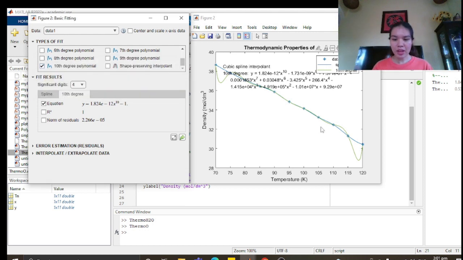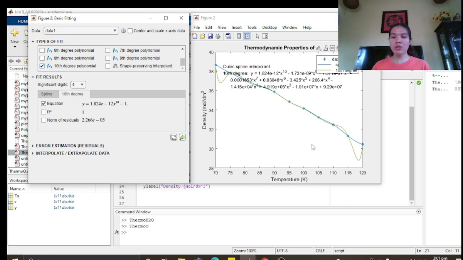So from this legend, the blue line is the spline and the light green is the 10th degree. The 10th degree is not as smooth as the spline interpolant.